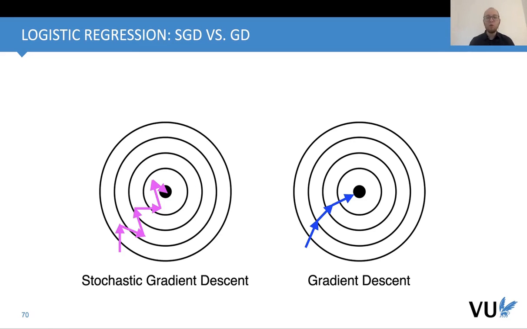But in general, it will converge. And since we don't need to look at all data points at once, but only small chunks of data, it turns out that sometimes it converges even faster than the full gradient descent, or batch gradient descent, full batch gradient descent, however we call it.